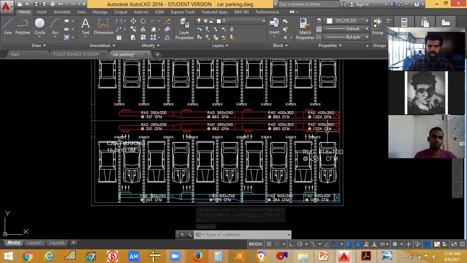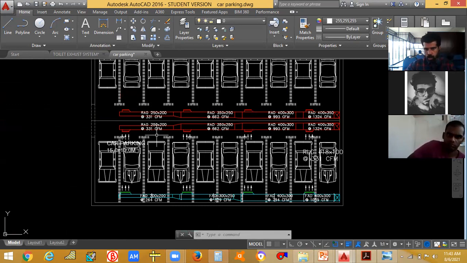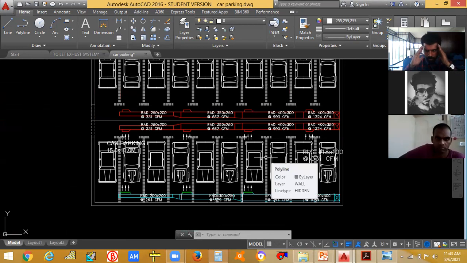Okay, this 5,000 CFM I am going to divide into 2 equal or 3 equal or 5 equal or 4 equal parts, that is my design. When deciding, I should design in such a way that the exhaust air is equally exhausted from each segment, each zone or each portion.